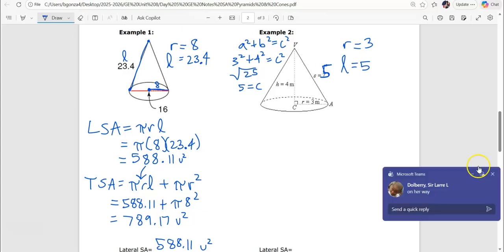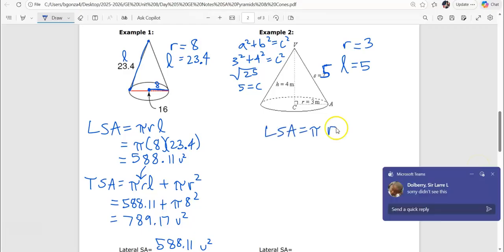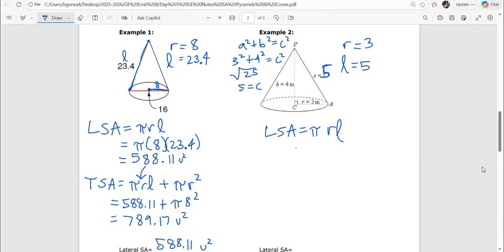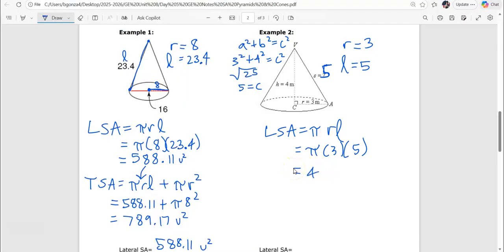So, okay, let's try this. LSA equals pi RL, which is pi times 3 times 5. $47.12 meters squared. And then we have what? Pi RL plus pi r squared. This is pi RL, right?